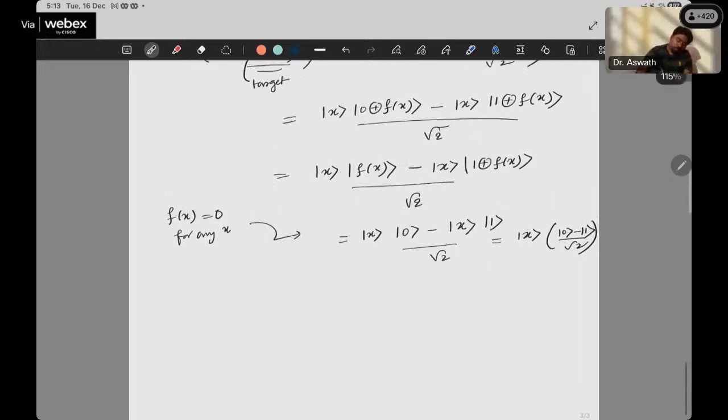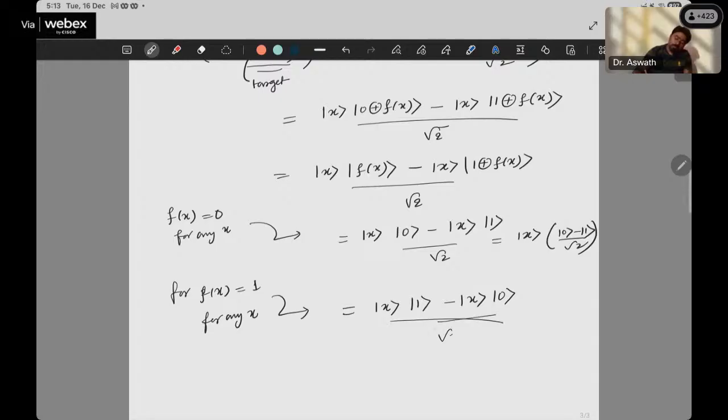Now for f of x equal to 1, the output would be x cat 1 cat minus x cat 1 plus 1, which is 0, divided by square root of 2. If you take a minus common, I'll have x cat 0 cat minus 1 cat divided by square root of 2.